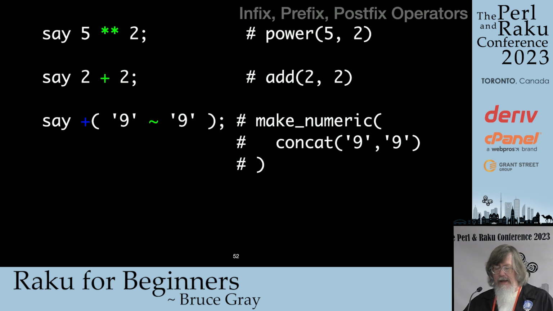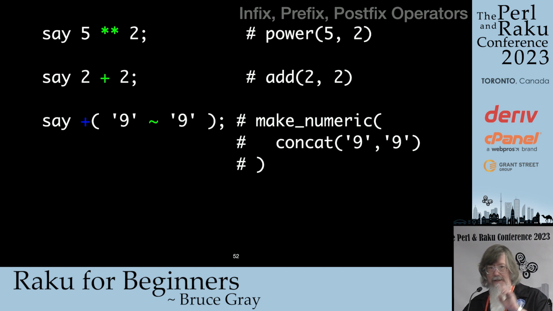The plus and the tilde are also infix. But the blue plus is a prefix operator, numeric coercion. Raku knows that it can't be the infix version of plus because there is no term to its left.